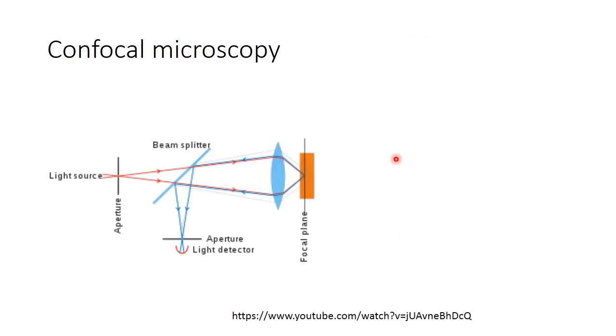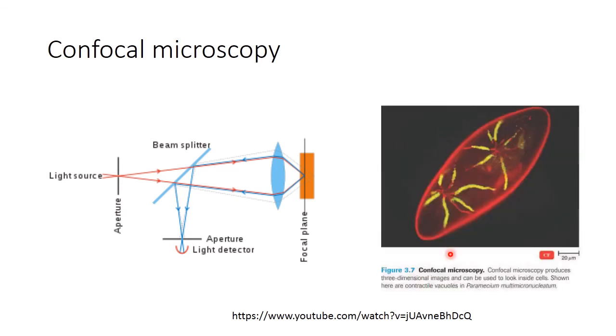So here is the ray diagram for the path of light in a confocal microscope, and this is an image from the book which is obtained by using a confocal microscope. Since light is being collected from only one particular plane of the specimen, the image produced is well defined, having good resolution, and is sharper and more focused as compared to the image obtained by using an ordinary microscope.